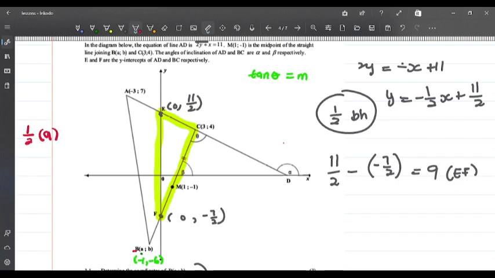Now, my height must be a perpendicular height, which is something like that. I want you to note something. Can you see that this line that I've just drawn in red is a horizontal line? Let's say the coordinates at this point are 2 and 1, and I have point F here. Because this line is horizontal, these 2 points are going to have the same x value.